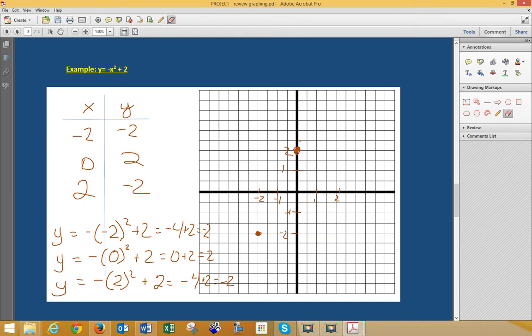And then when x is +2, y is -2, because that's a +2x and -2y. All right, so it looks like now I'm ready to draw a rough sketch and something like that.